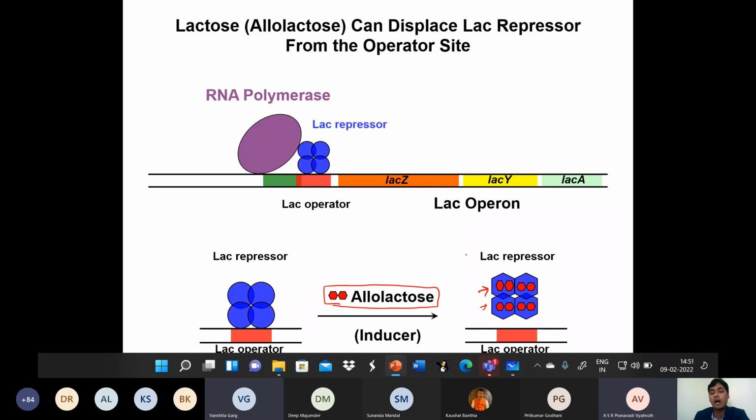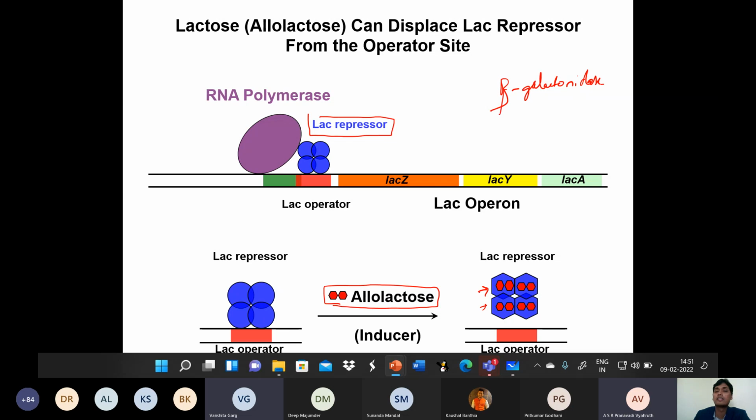So this is the mechanism by which bacteria control the lac operon in presence of lactose or glucose, whatever you say. Now if I ask you, what do you think about this lac repressor and the beta galactosidase?